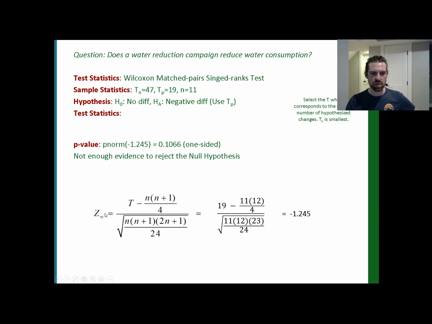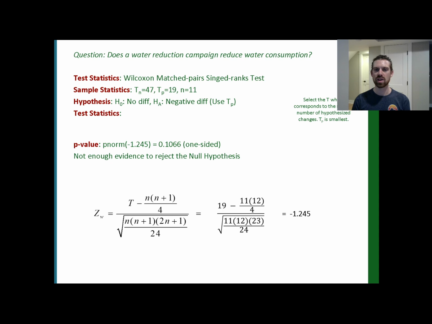So basically what we do is we input all of those data variables, which I've put up here, into this equation. We're using 19 as the T, and when we crunch through, we end up with minus 1.245. And we can put that into our pnorm function, and that tells us that we would get a probability of 0.1066. Okay, so it's not a significant finding here.